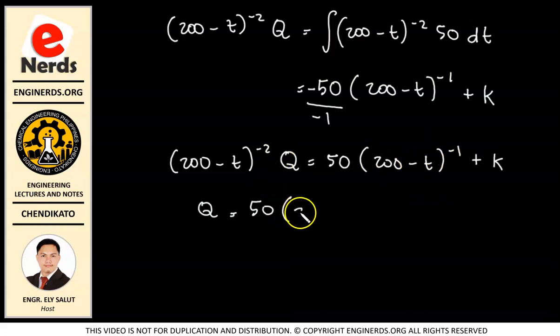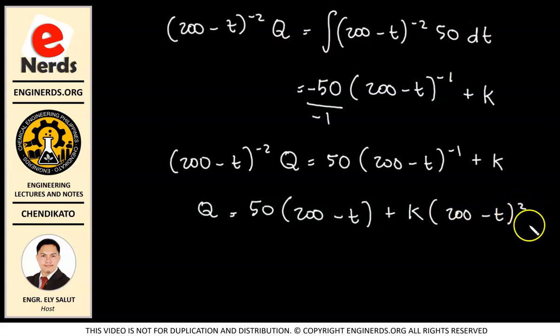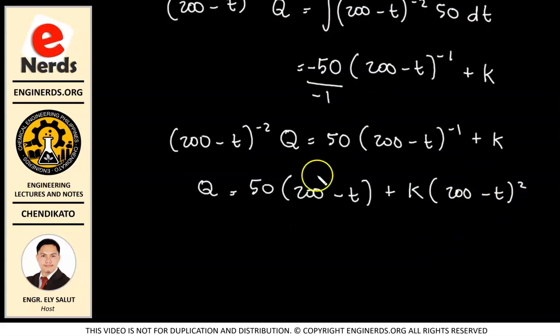So therefore, we will have 200 minus t, positive 1 yung ating exponent, plus k divided by 200 minus t to the negative 2. So since this is an inverse, we will have this in our numerator as 200 minus t squared. Okay?